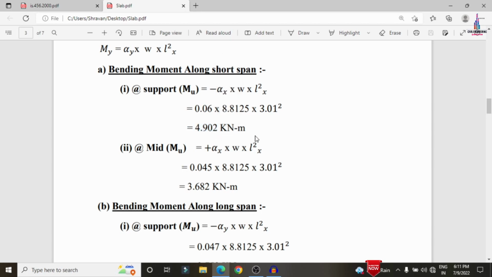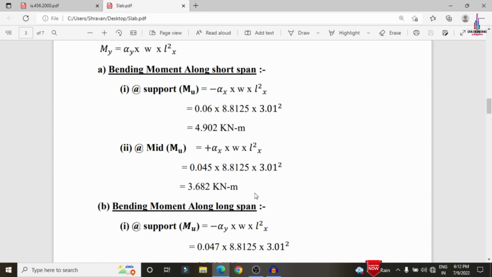In the same process, the positive moment is plus alpha x into W into Lx square in the x direction. Substituting that value, the bending moment is 3.682 kilonewton meter.